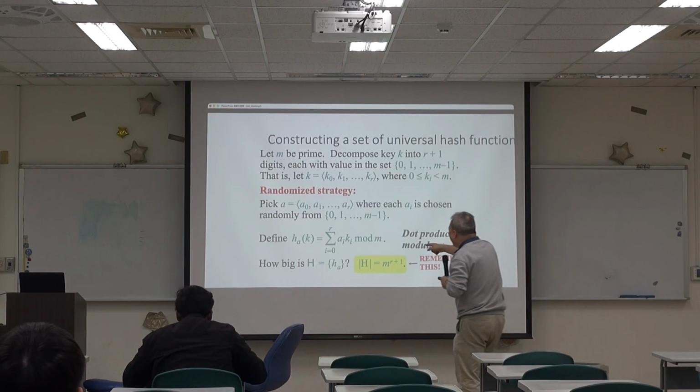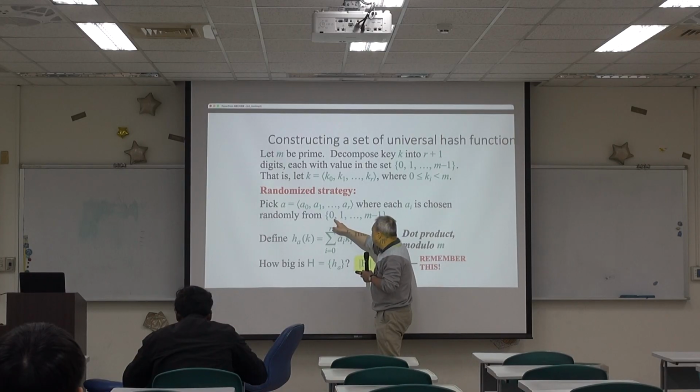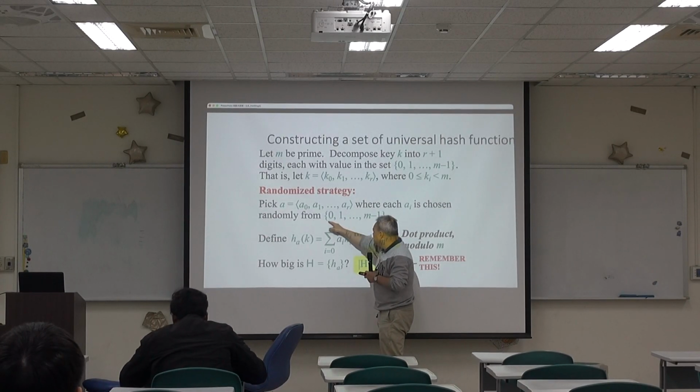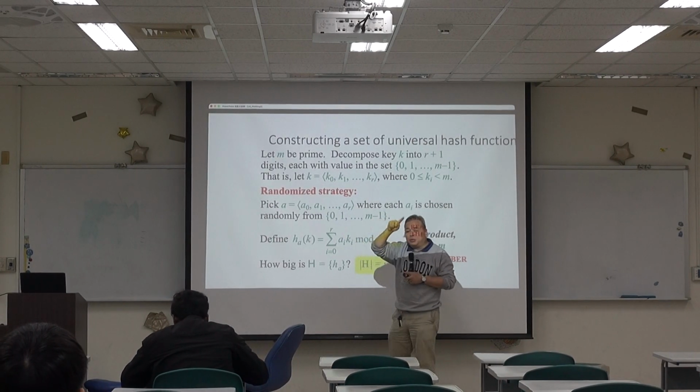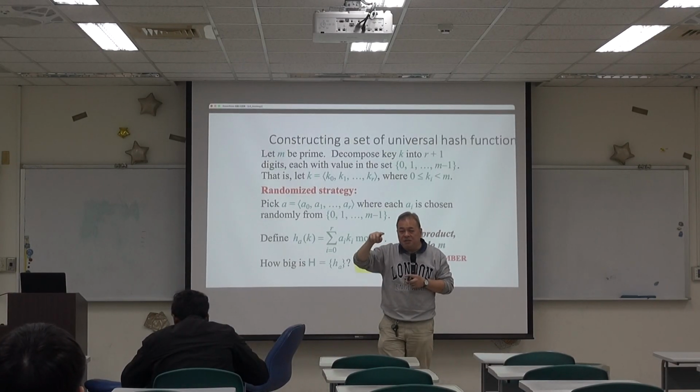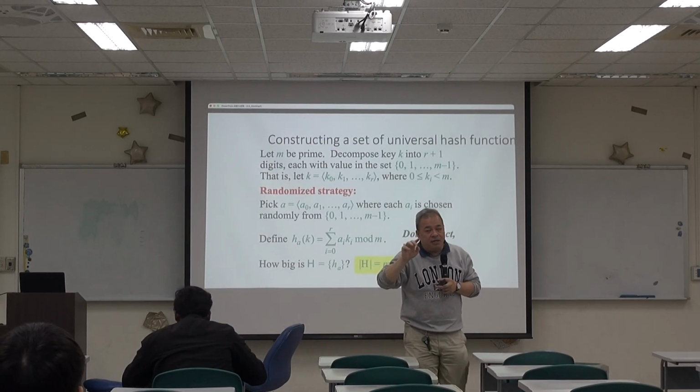For each a_i, you choose from this set, so you have n choices for each a_i.